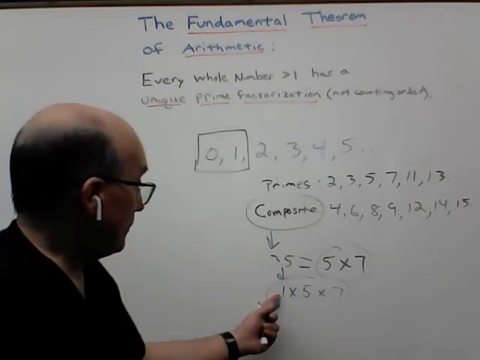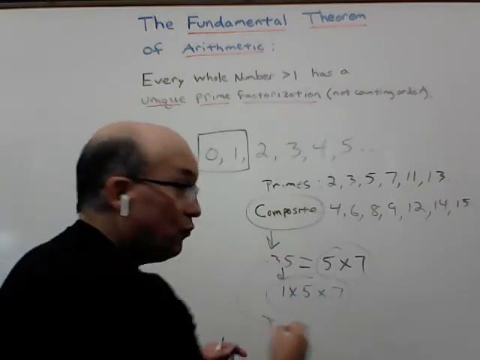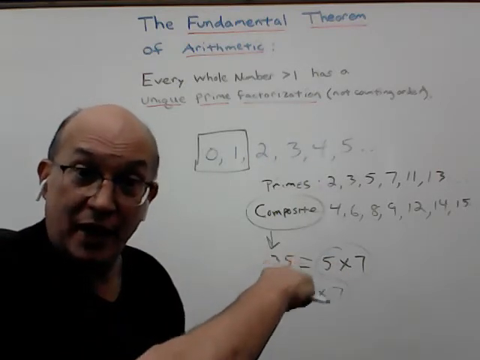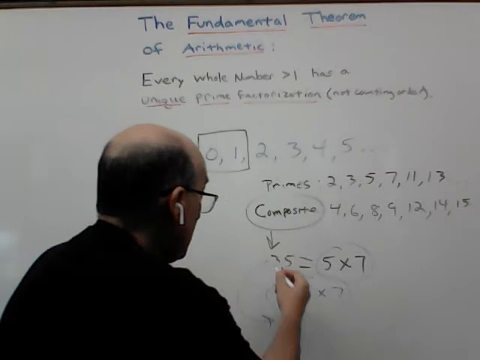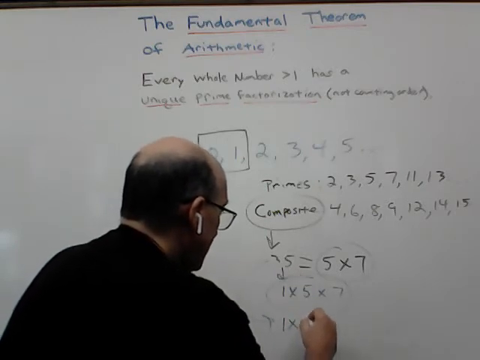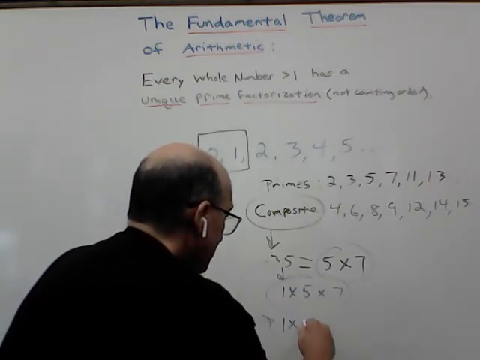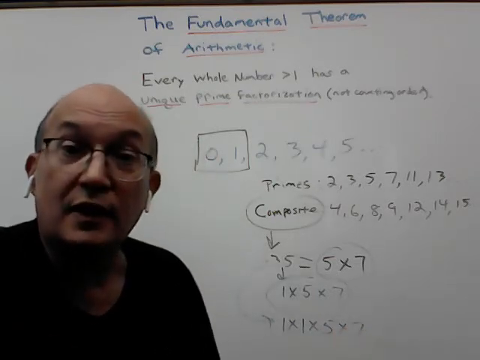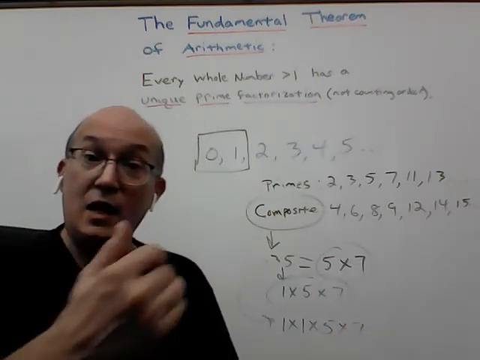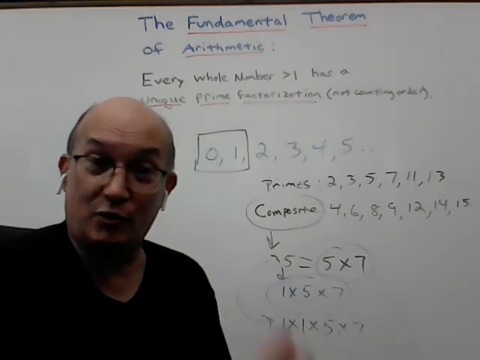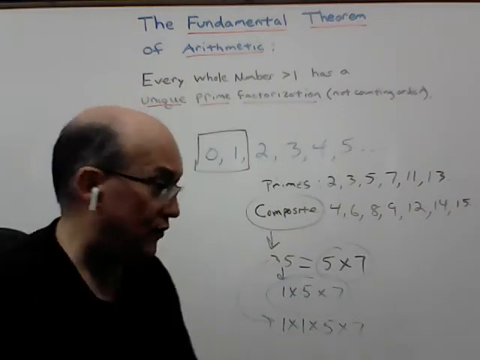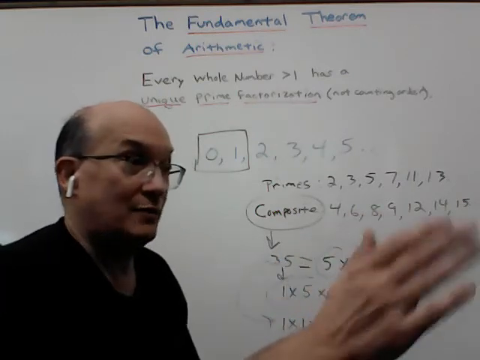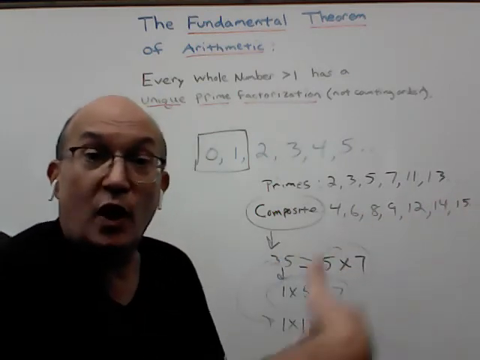In fact, I'm explaining right now why 1 is not prime. Because 35 could be represented as 1 times 5 times 7, and in fact there would be an infinite number of prime factorizations of 35 if 1 were prime, because we could say 35 is 1 times 1 times 1 times 1, any number of 1s we want, times 5 times 7.